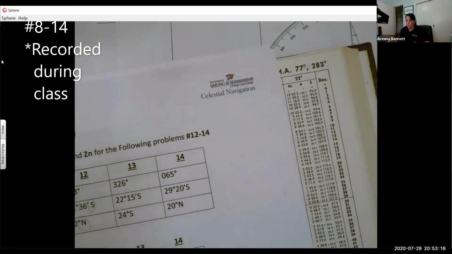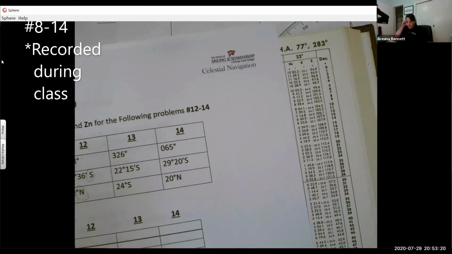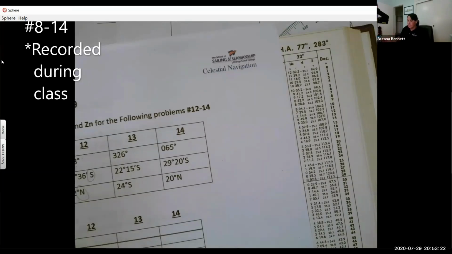Too many books on my table here. And then I have a declination of 12:36. So I'm somewhere in between 12 and 13 on my declination. So that's where I need to interpolate. Interpolating using my declination between 12 and 13.